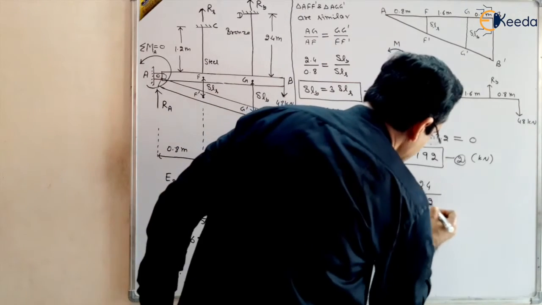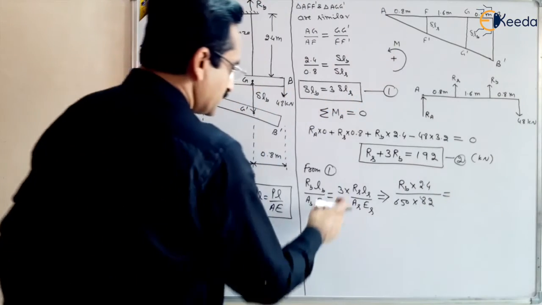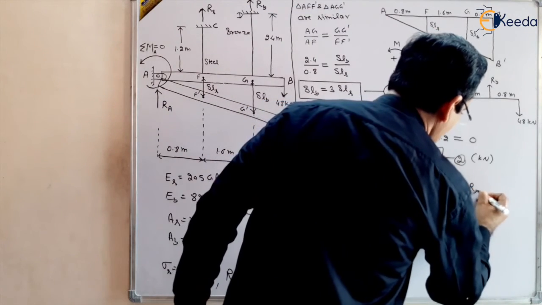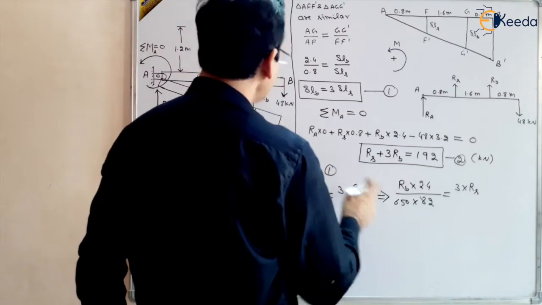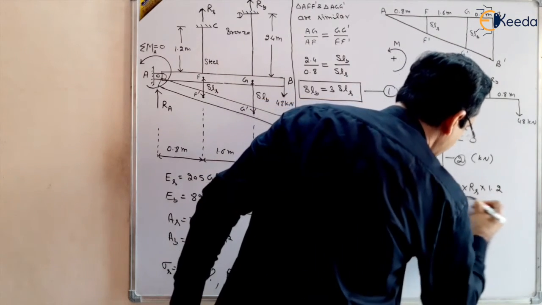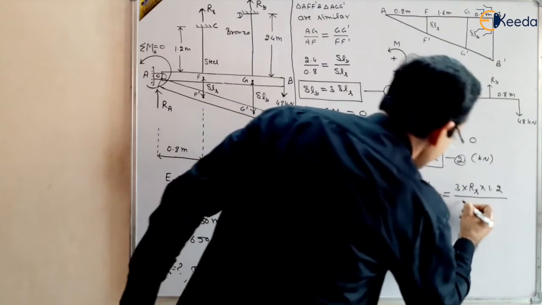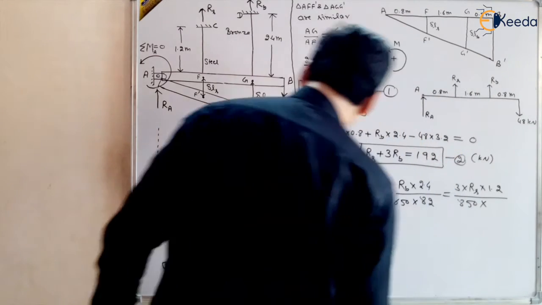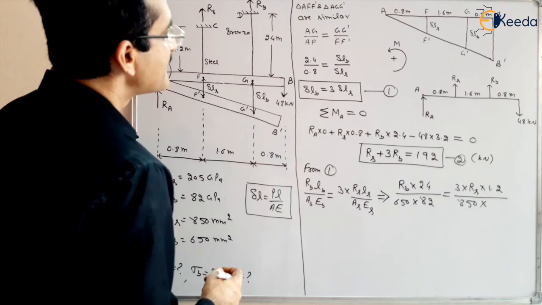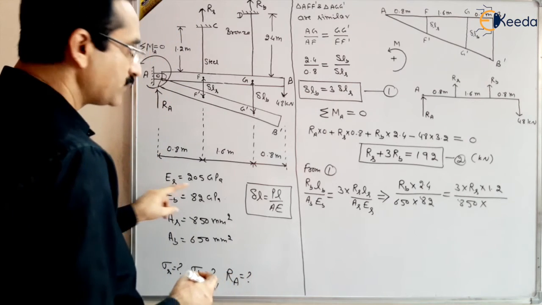No need to change the dimensions because they will cancel, we can cancel from left and right. 3 times Rs multiplied by the length of steel, 1.2 meters, divided by the area of steel, 850, multiplied by E of steel, 205.